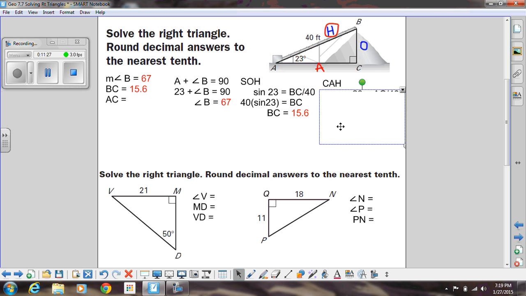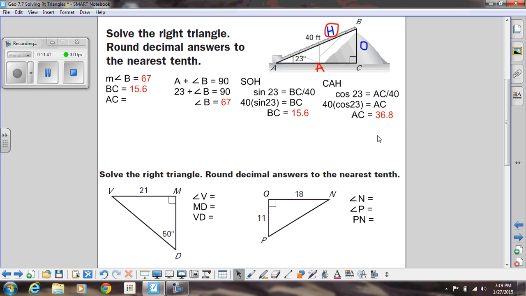So that means I'm going to do cosine of 23 is equal to AC divided by 40. Again, I'm trying to solve for AC, so I'm going to multiply both sides by 40. So I'm typing that into my calculator, 40 times cosine of 23, and that gives me 36.8.